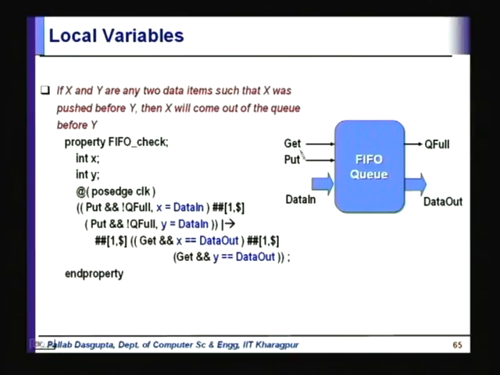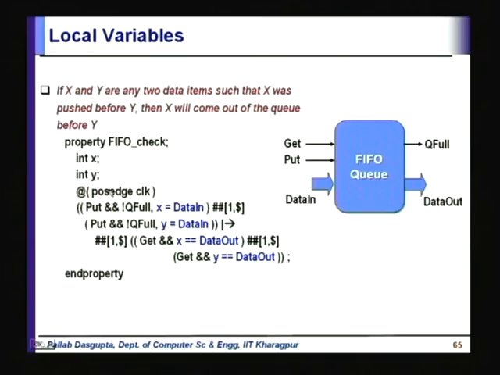When you want to push something into the queue, you put the data in here and then raise the line put. Then the data gets entered into the queue. When you want to pop something from the queue, you raise get, and data out produces the head of the queue. This is how this queue works.